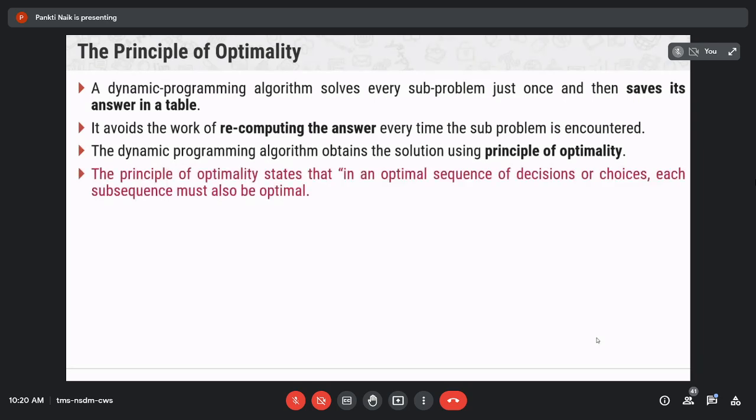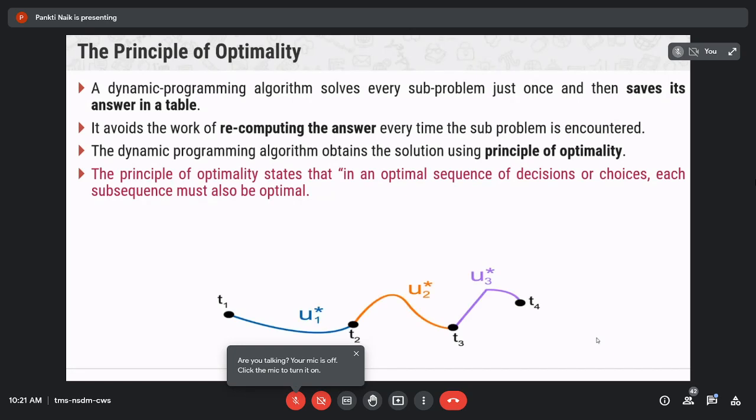Now the principle of optimality states that in an optimal sequence of decisions or choices, each subsequence must also be optimal, right? So what does this mean?